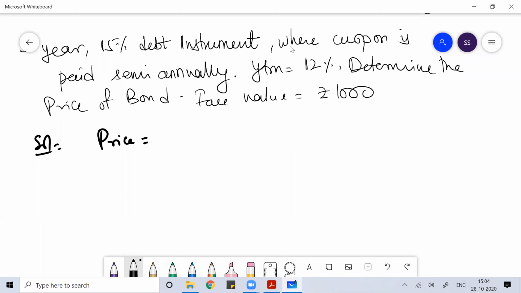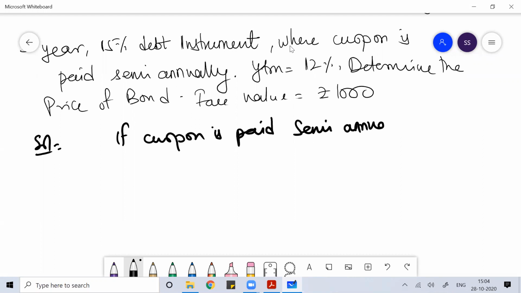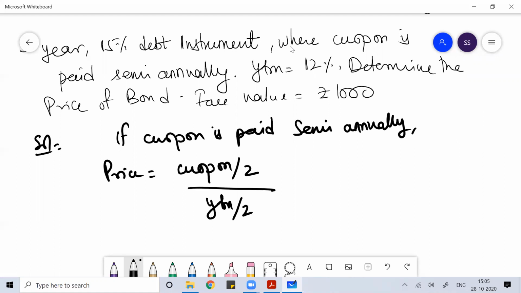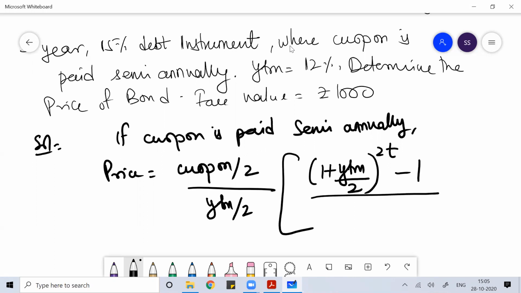Because the coupon is paid semi-annually, the formula for the price of the bond will be equal to coupon divided by 2, then YTM divided by 2, into 1 plus YTM divided by 2, because it is semi-annual, to the power 2t, minus 1, divided by 1 plus YTM divided by 2 to the power 2t.